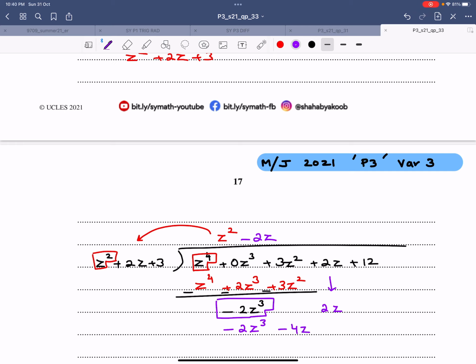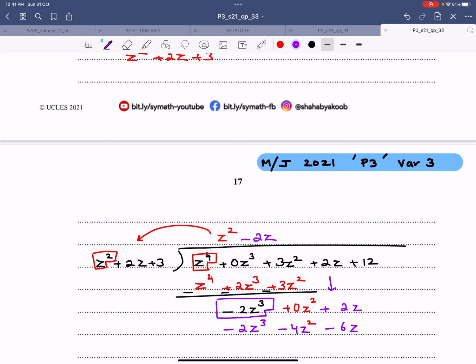So that means I should write a 0z square also here. Be very, very careful. And minus 2z into 3, that is minus 6z. So therefore, let me move this to the side. There is a positive sign, and this is negative 6z.